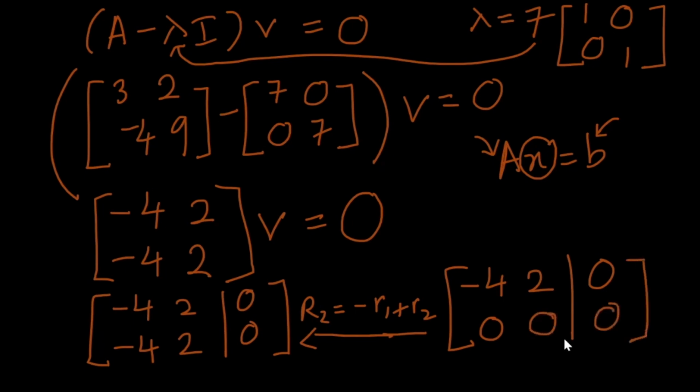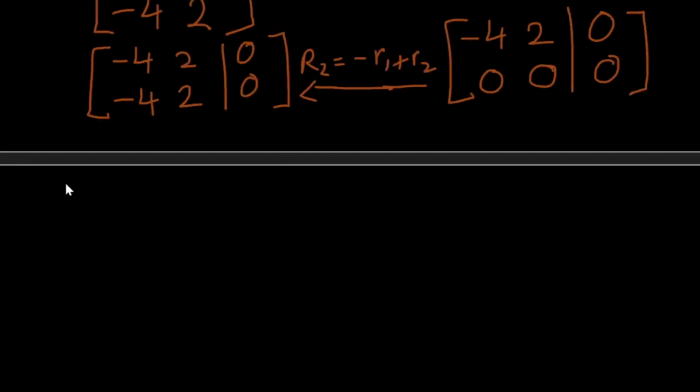Now we can't really do back substitution because we can't solve for x2. Am I right? So what I would do now, because the next step is to find x2, is let x2 be equal to the variable c.